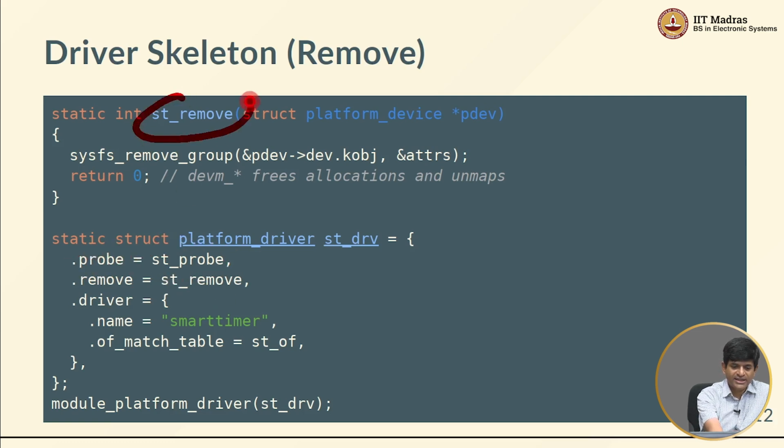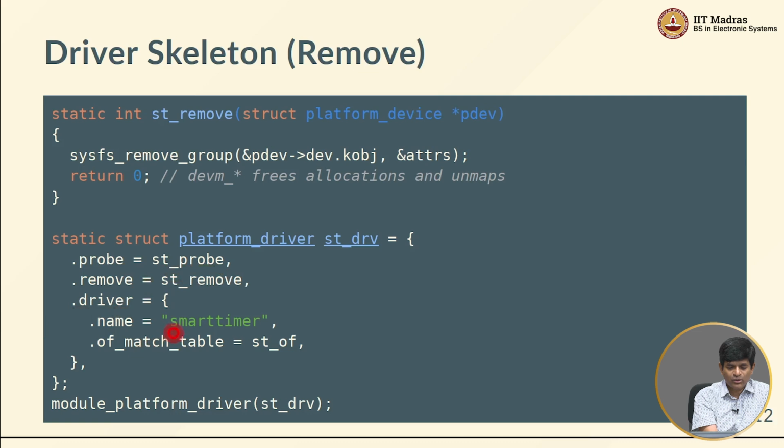Similarly, this function st_remove as my remove function, right? So whatever name I give here has to match with the name that is used over here. That's all. It's not like I always have to call it st_remove. I could give it a different name, but as long as it maps to a function name over here, that's the function that will get called when I disconnect the device or I want to remove the driver.